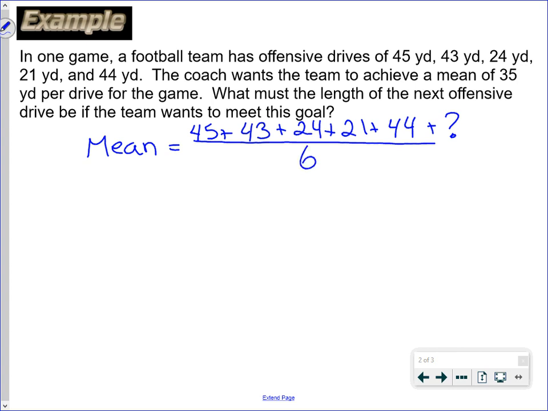So we will have 6 data points. And now for this, we already know what the mean is. We're not trying to calculate the mean. We know that the mean is 35. So the coach wants to achieve a mean of 35 yards per drive, or an average of 35 yards.